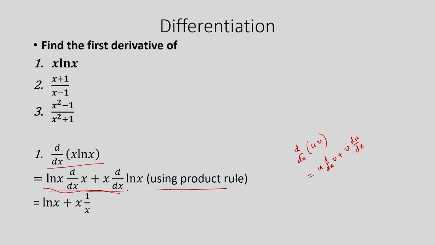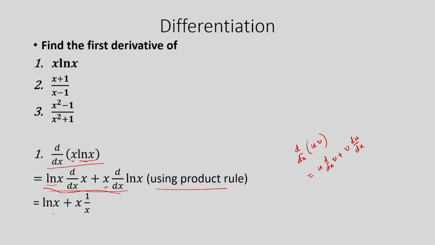That is the thing we have used here. We take one of these functions, suppose log x, and take the derivative of the other function, which is x, and then we take x and take the derivative of the first function, which is log of x. So, this was the product rule, we are applying it here.